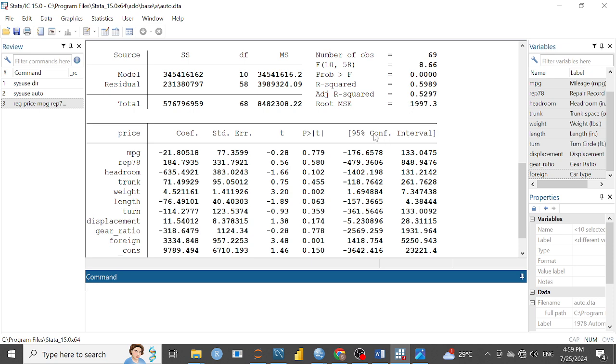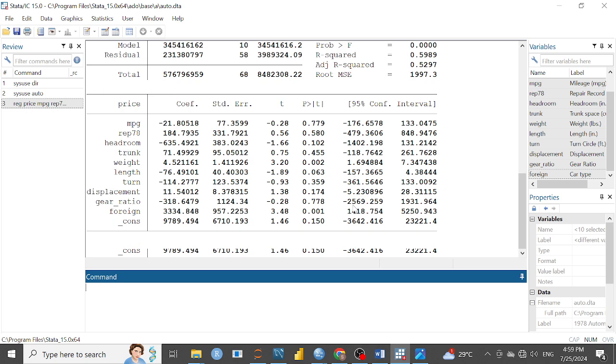So most of the variables, including MPG, Rep 78, trunk, and all of the rest, and gear ratio, are not statistically significant predictors of car price at the 5% significance level.